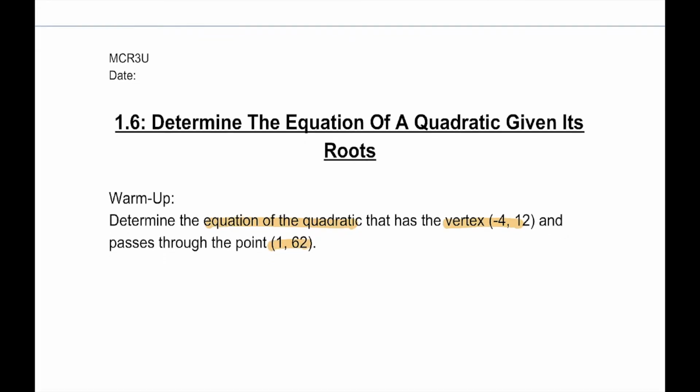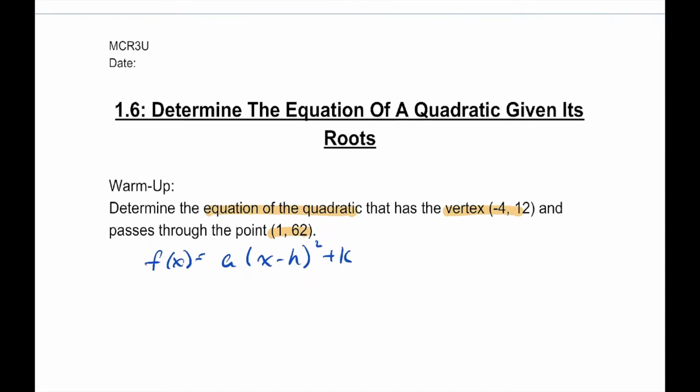Because we're given the vertex, we're going to start with our equation: f(x) equals, in vertex form, a times (x minus h) squared plus k. Different teachers use different variables. Actually, in this course, later on, we'll switch these variables around because k has a different meaning, but this is something that you might be very familiar with, and we'll just keep it that way.